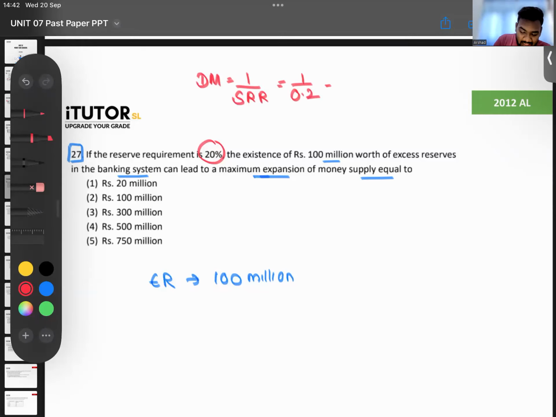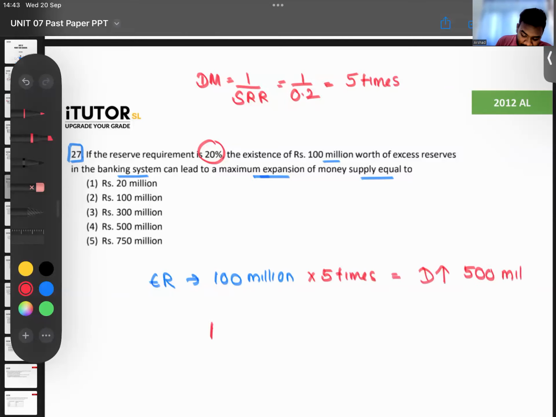So the deposit multiplier is 5 times. So, guys, this 100 million, if it's given out as loans, gets multiplied by 5 times, and at the end of the day, deposits will increase by 500 million.